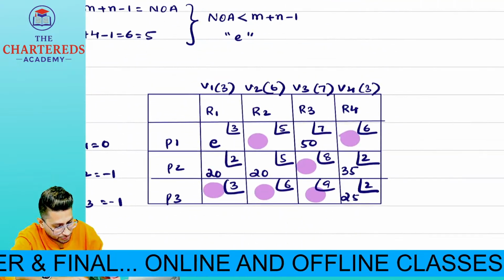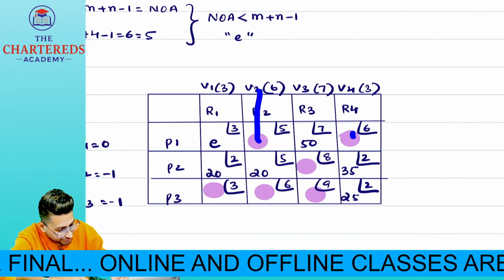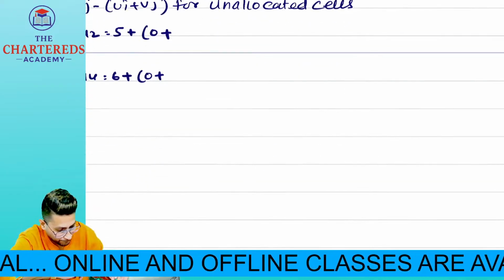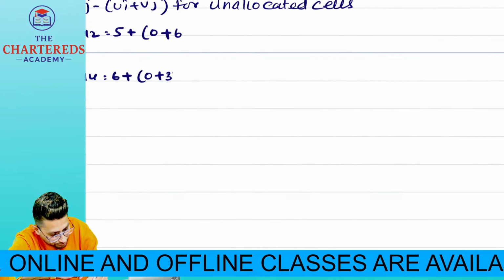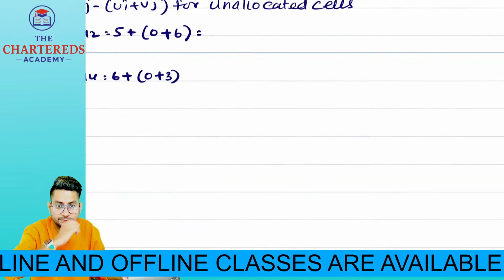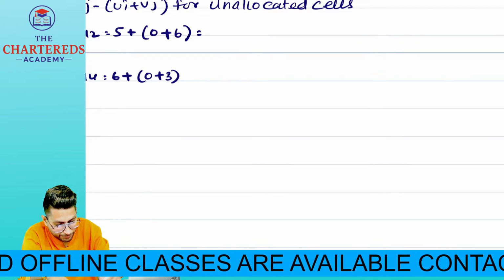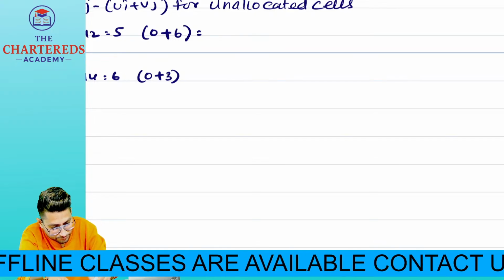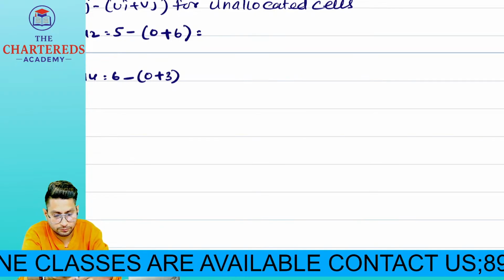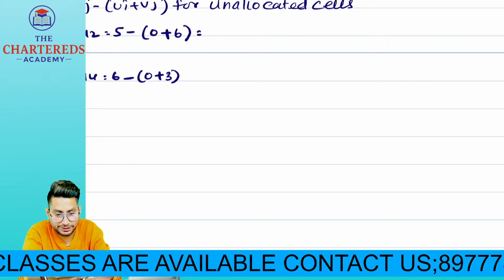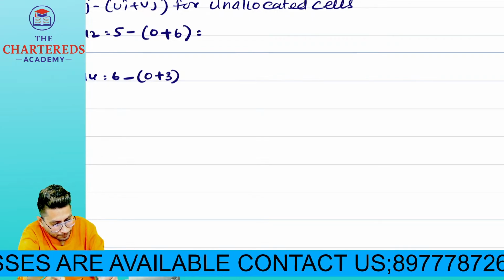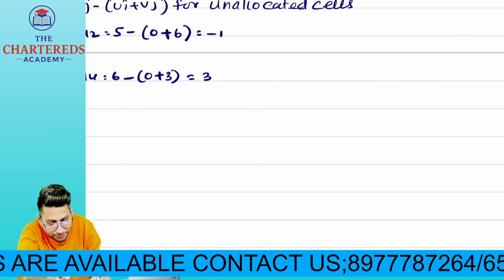Vj is how much? For here it is 6, here it is 3. I told you the negative will come. Calculate: minus 1, here it will be 3.